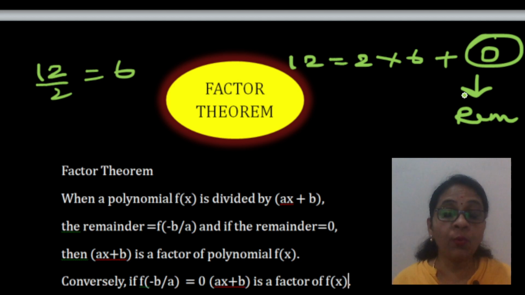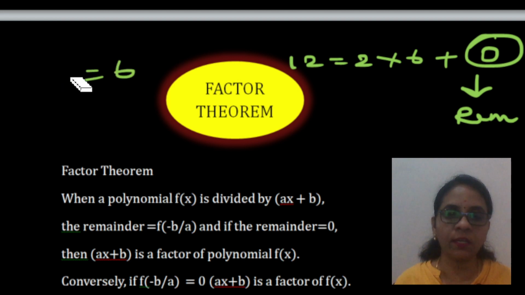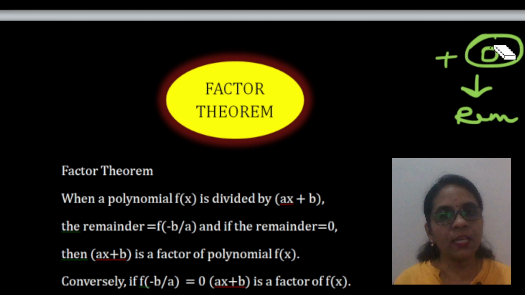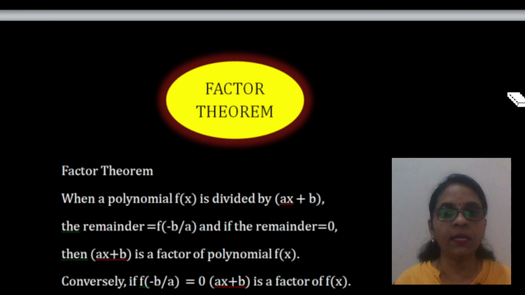So, if you are dividing a given polynomial by its factor, the remainder is 0. That is what is all about factor theorem. So, if I have to write in terms of polynomial, children, just keep this 12 by 2 in your mind, as I mentioned earlier for remainder also, and it becomes super easy to understand.